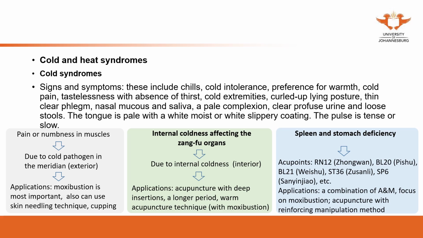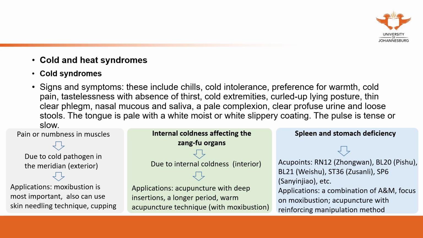For example, firstly, the cold syndromes. The patient must present with cold manifestations: cold limbs, aversion to cold, cold intolerance, and preference for warmth. That's the characteristic of coldness. The patient also may present with cold pain. And if the coldness affects the spleen, the patient may present with tastelessness and absence of thirst, and loose stool.